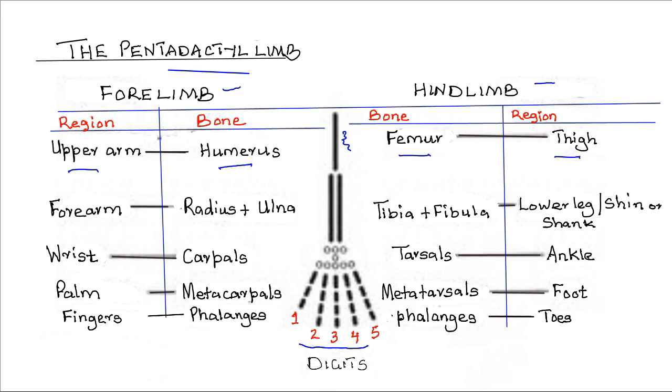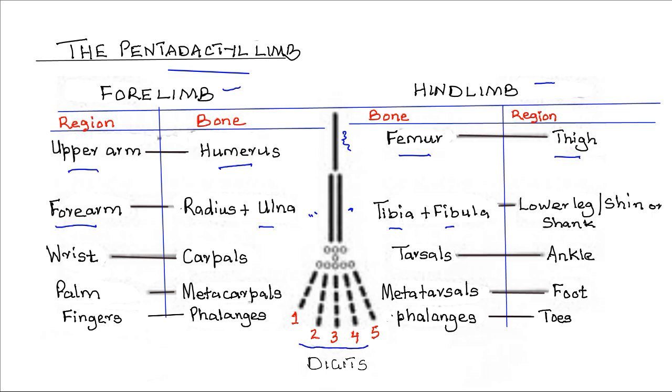Then next to the humerus and femur, there are 2 bones. In the forelimb, these are represented by the radius and the ulna, and they occupy the forearm region. In the hind limb, the 2 bones are the tibia and the fibula that occupy the lower leg region or the shin or shank part of the leg.